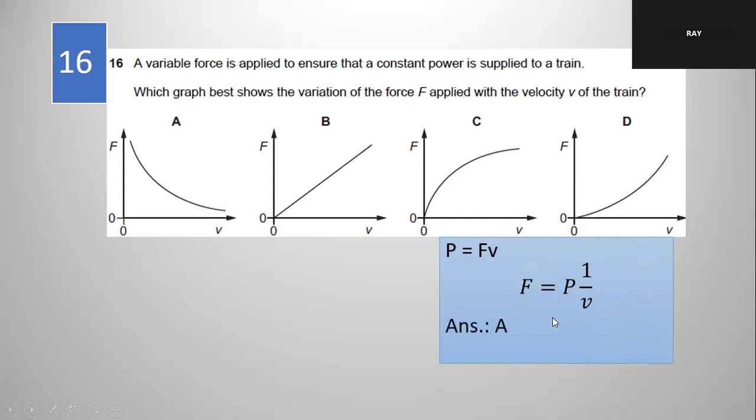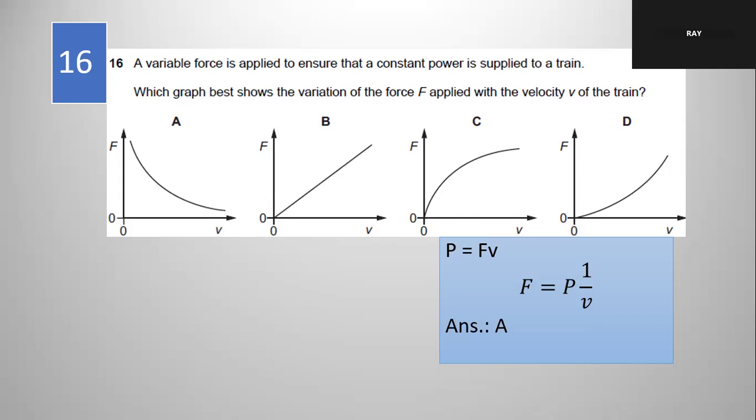So A, hyperbola. I thought if you apply more force, the faster the train will be. No, this one, the power is constant. So more force, lower velocity. Higher velocity, less force.